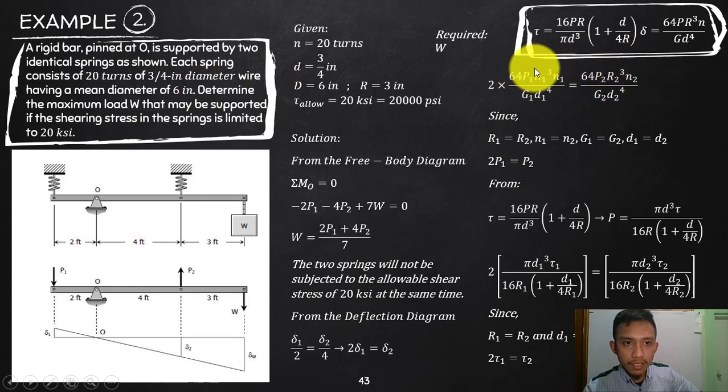The number of turns are the same, so N1 and N2 cancel out. Your G is the same material, so G1 and G2 cancel out. Diameter 1 and diameter 2 are the same since you are using 3/4 inch, so they cancel out. Even your 64 here will cancel out. What will remain is 2 P1 equal to P2. That is what will remain of your complicated equation here.